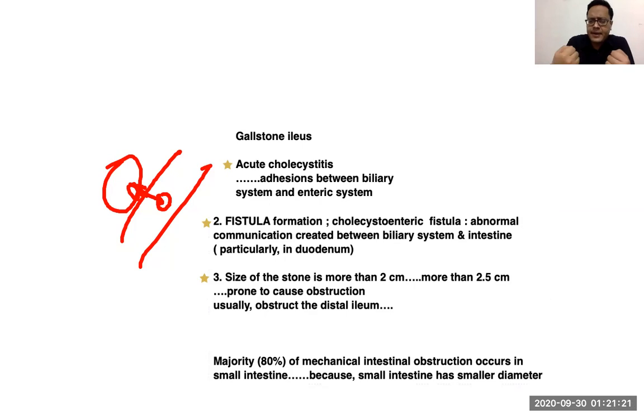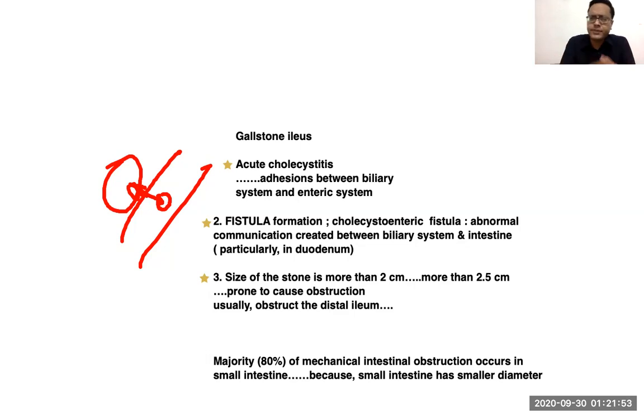So the biliary and enteric systems adhere to each other. That's necessary. In step 2, because these systems are now closer to each other, through the process of necrosis and erosion, the gallstone can move from the gallbladder and biliary system into the intestine, particularly by the formation of a fistula. Which fistula? Cholecystoenteric fistula, particularly cholecystoduodenal fistula.